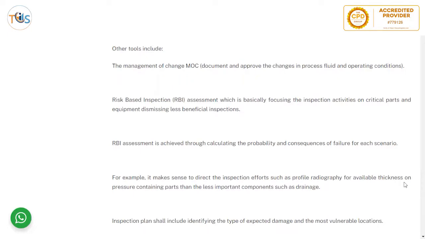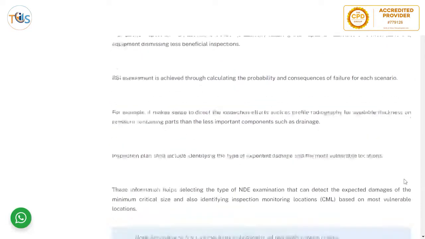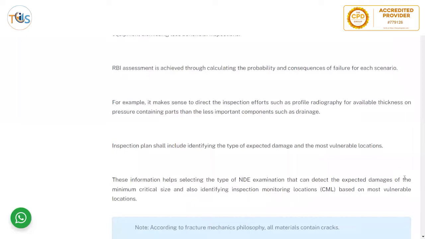RBI assessment is achieved by calculating the probability and consequence of failure for each scenario. For example, it makes sense to direct inspection efforts, such as profile radiography for available thickness, on pressure-containing parts rather than less important components such as drainage.